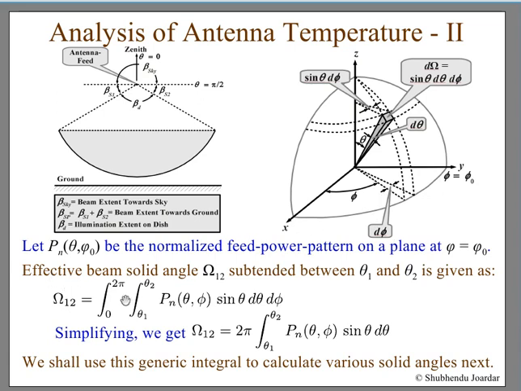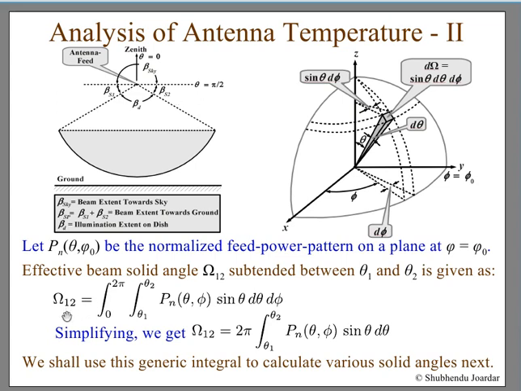If we want to calculate a generic angle, meaning I take an angle somewhere between theta 1 and theta 2, where theta ranges from 0 to pi on the right hand side, for example one line here and one line here, to calculate the solid angle I will integrate over 2 pi and also integrate between theta 1 and theta 2. That is what is shown here.